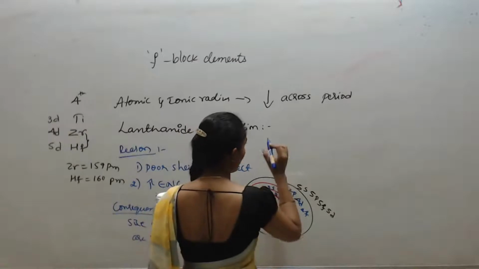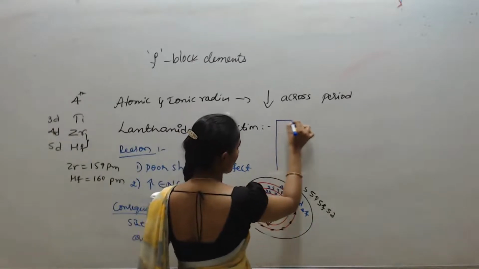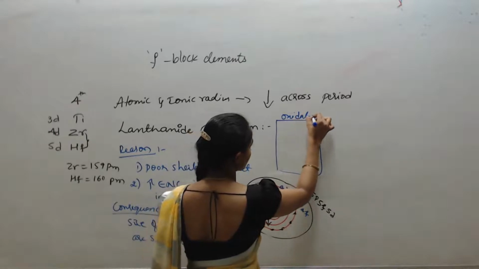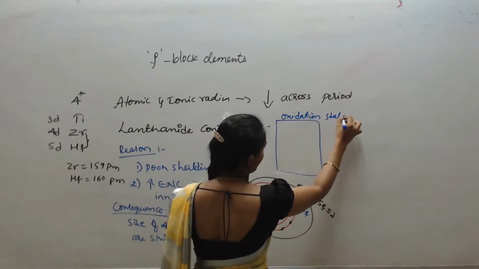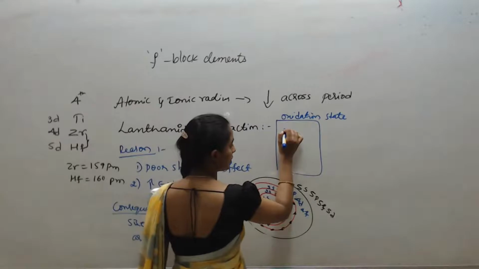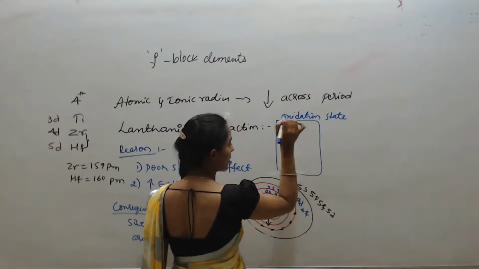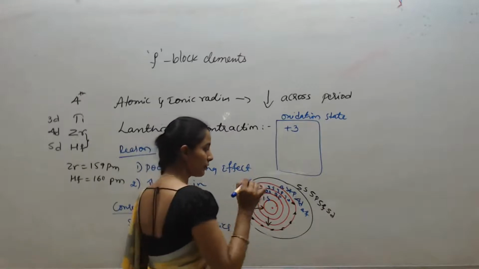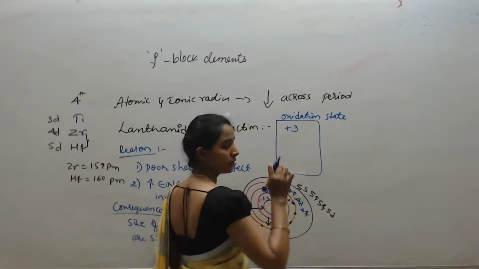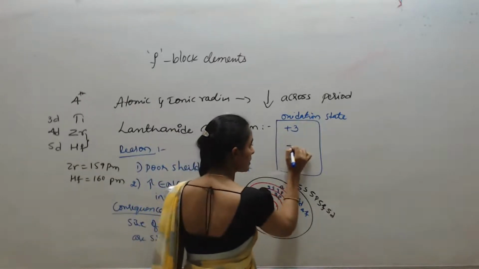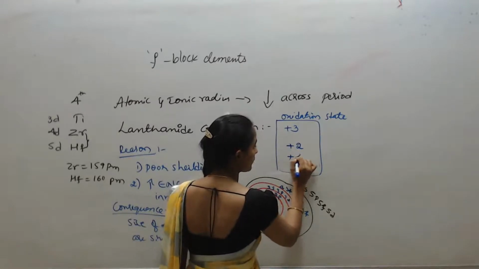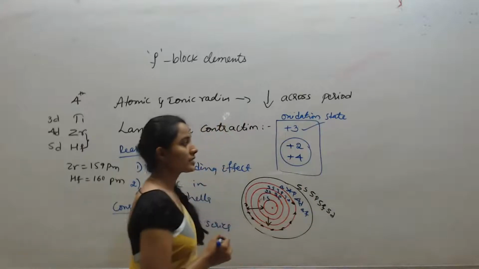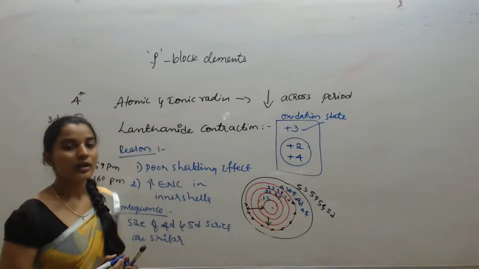Listen, there is not much you have to remember. As for the oxidation state, it easily loses 3 electrons: 2 electrons from the s orbital and 1 electron from the d orbital if present, if not, the f orbital. Sometimes they show +2 and +4 oxidation states, but they are not common. This is the stable oxidation state of lanthanides.